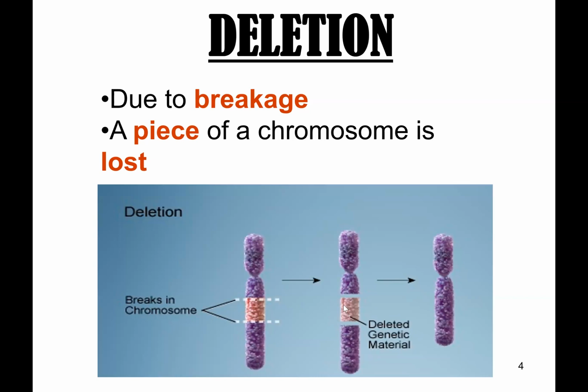Now, this deleted genetic material takes away many genes, whatever genes are lying here also go away. So it means the normal set of genes is lost when this kind of deletion takes place.